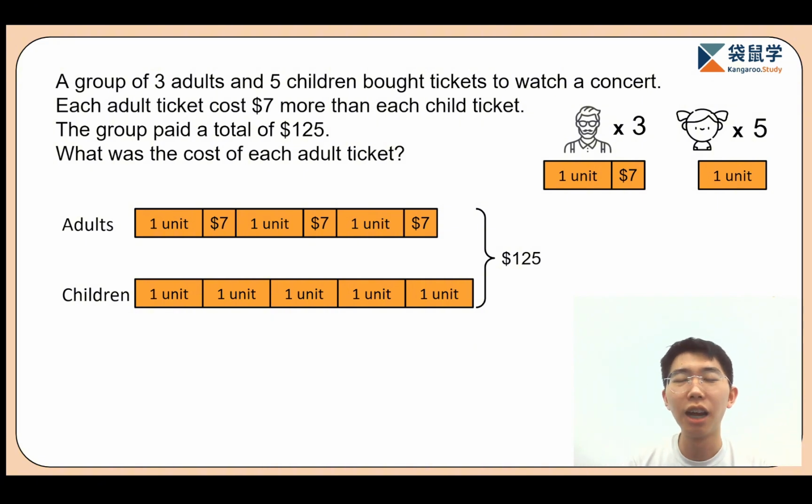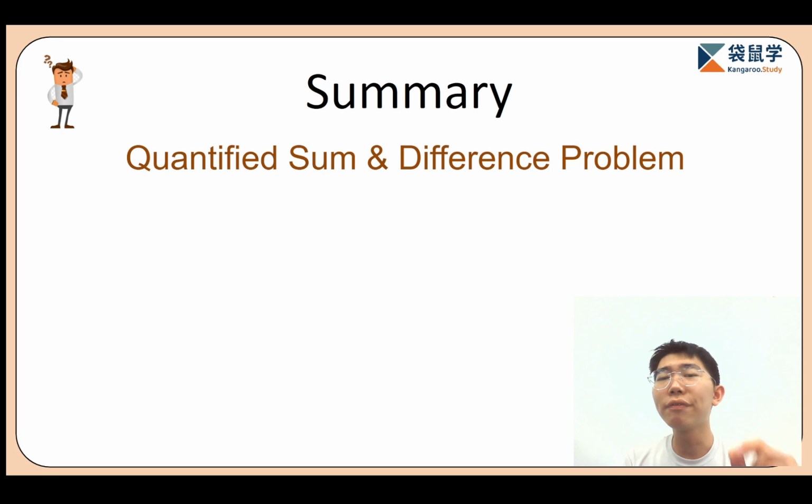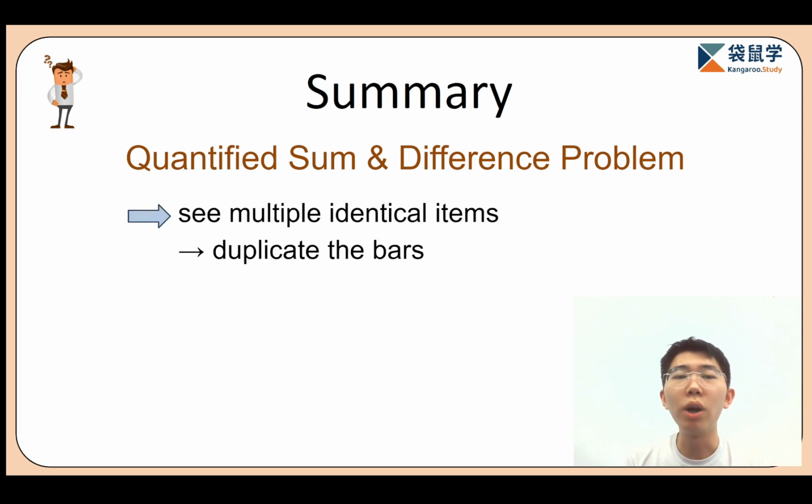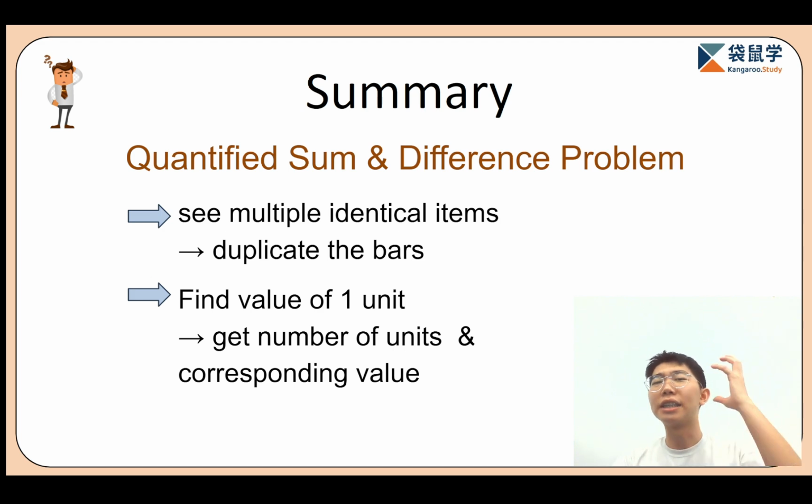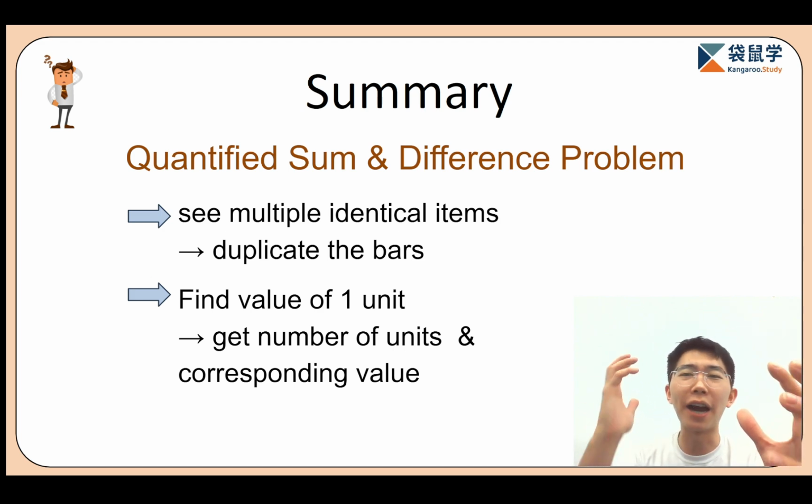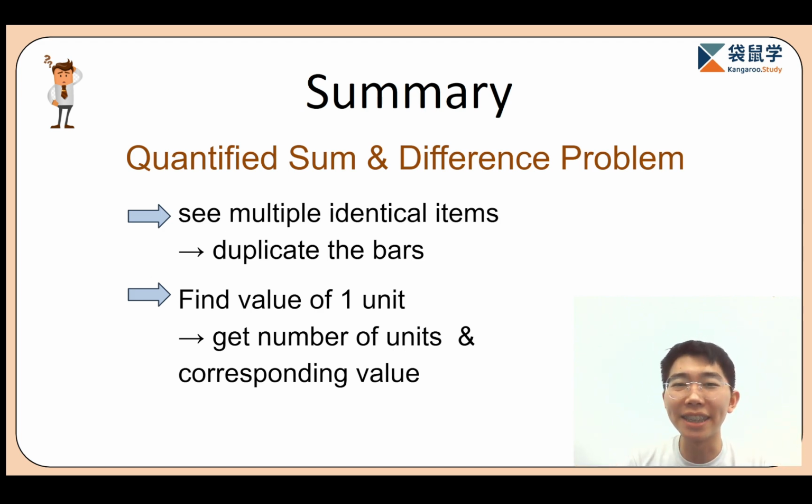And that's it. So to conclude, in a quantified sum and difference problem, when we see multiple identical items, we can duplicate the bars. And to obtain the value of 1 unit, we first try to locate the number of units and the corresponding value. Now if you have understood this, take a look at a very similar question here.